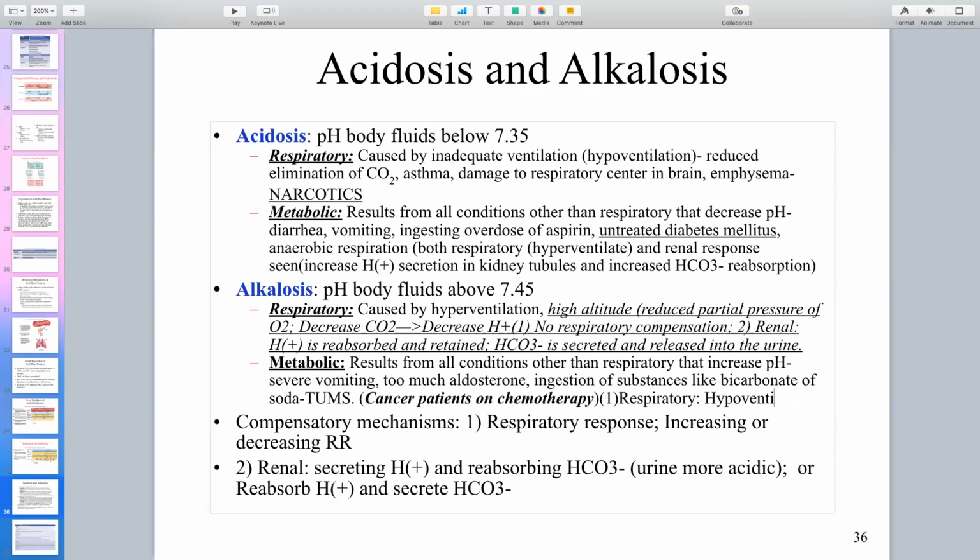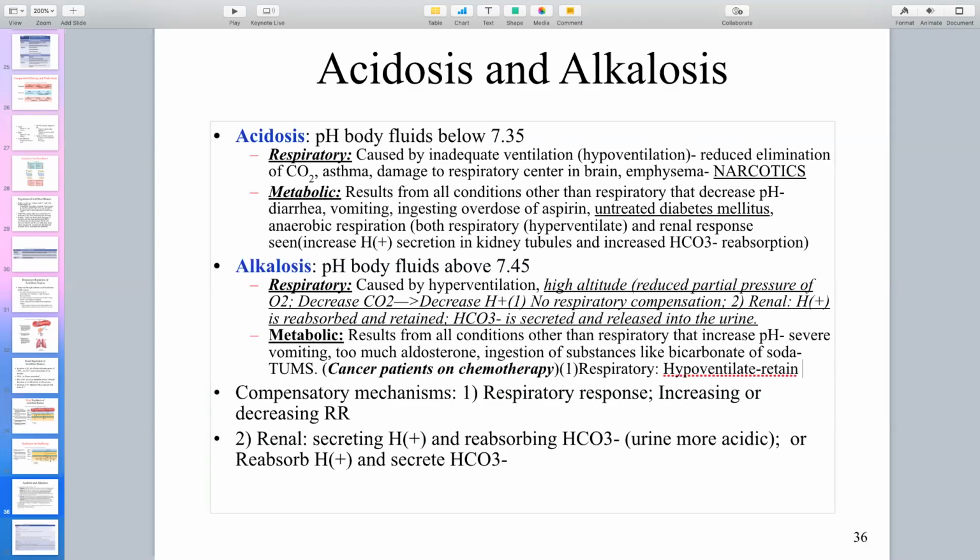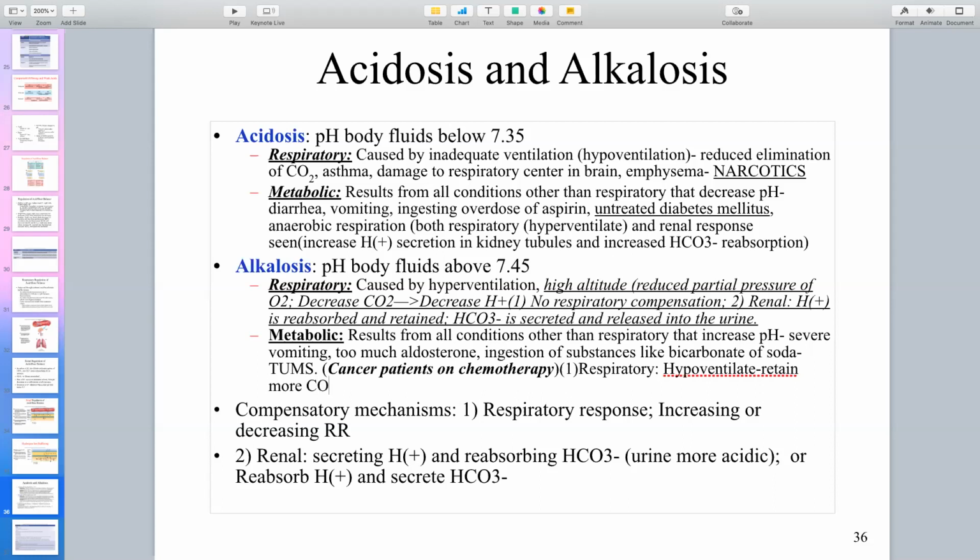As we hypoventilate, I'm going to retain more CO2 and more hydrogen produced. Perfect. We'll also see the second response as well, right?